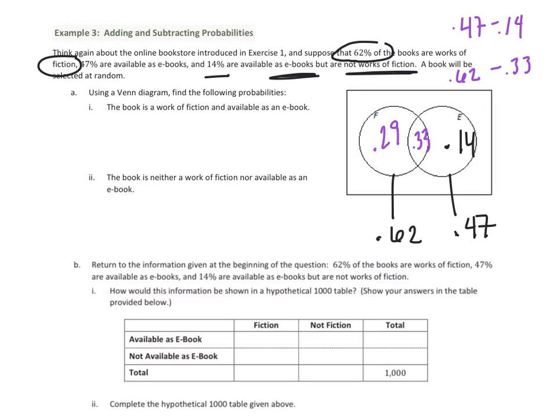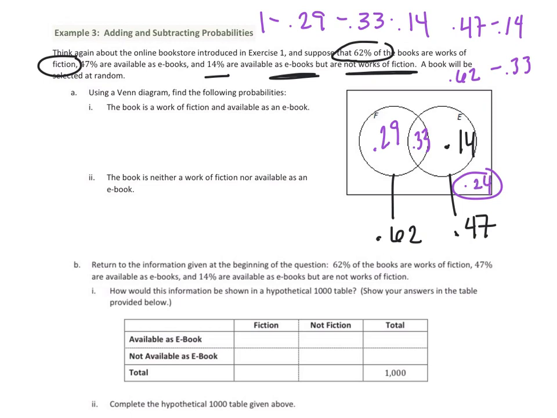Now, remember, you have to total 1. So that tells me I can get this outside number real easily. I can do 1 minus 0.29 minus 0.33 minus 0.14. So I would say outside I'm left with 0.24.